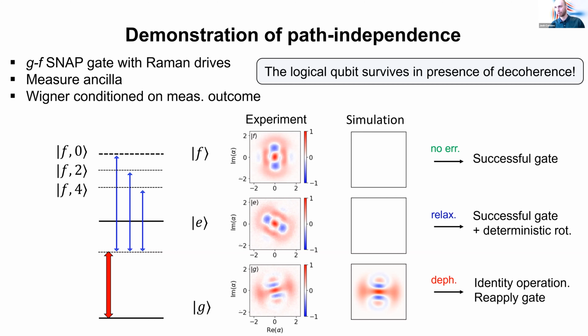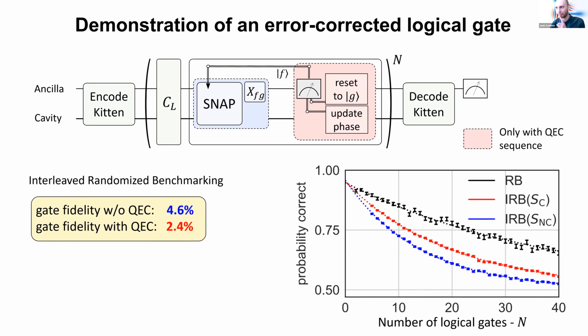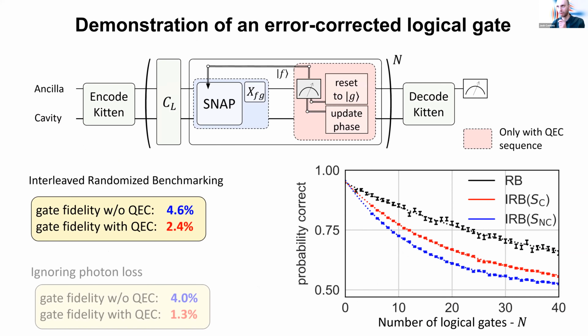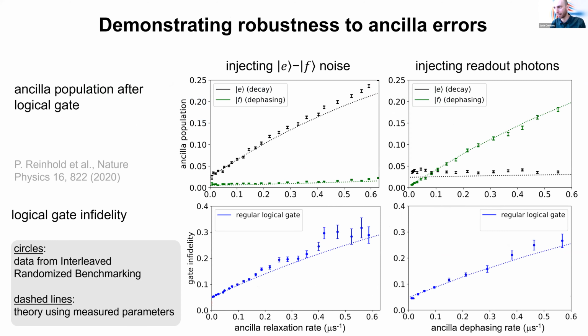I had a question about the last slide. I didn't quite catch what was going on. The ancilla relaxation rate you can kind of control. Is the error that Liang was talking about, the curse of the 1%, the point on the left-hand side of the axis?